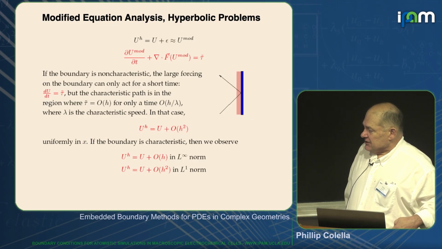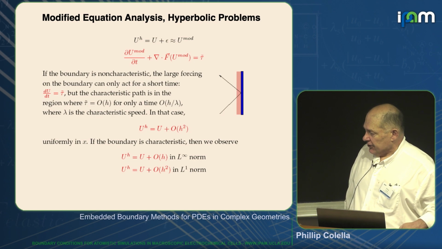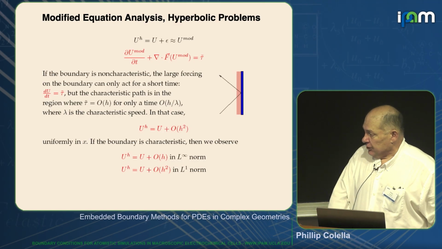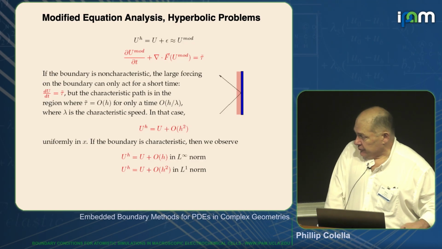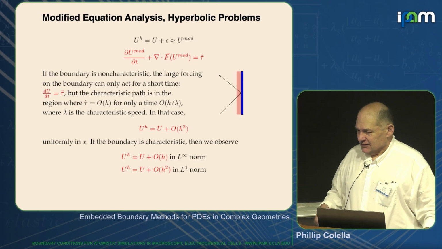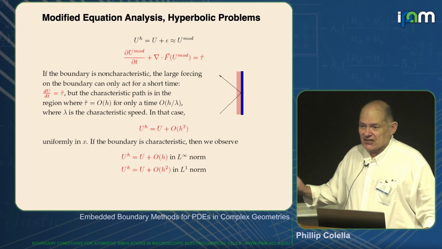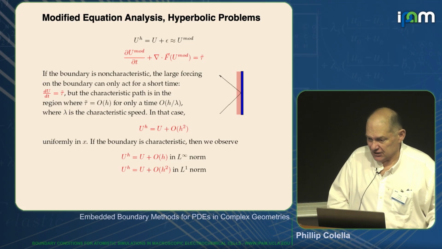So you get order h on the boundary, order h squared in the interior for the characteristic boundary. That gives you order h squared in L1 norm. Non-characteristic boundaries give you order h squared in max norm. This is not a rigorous argument, but it does tell us where to look. And you go and measure your errors, and sure enough, this is the behavior we see.